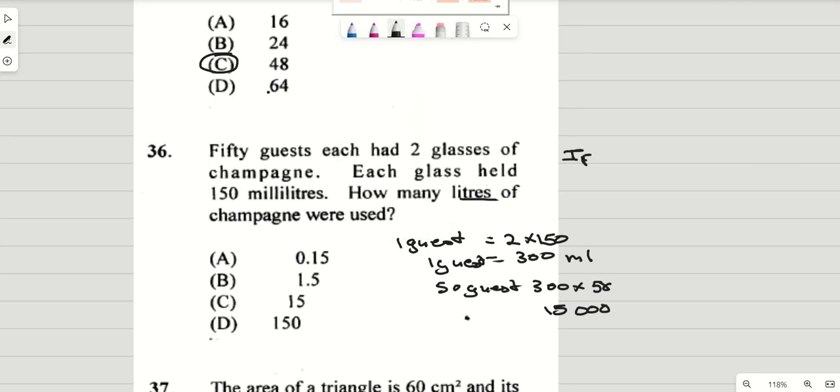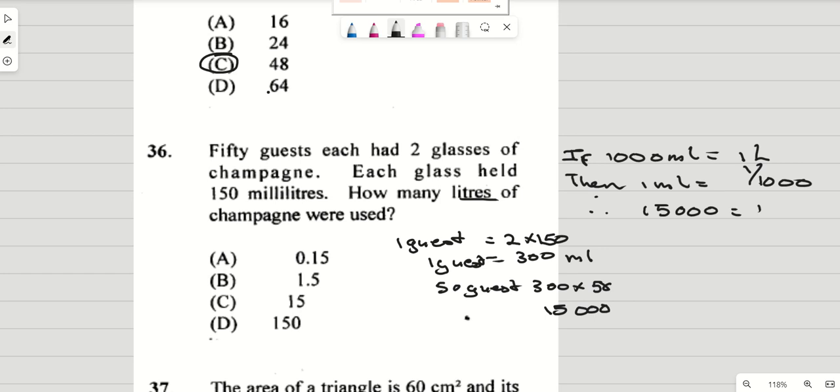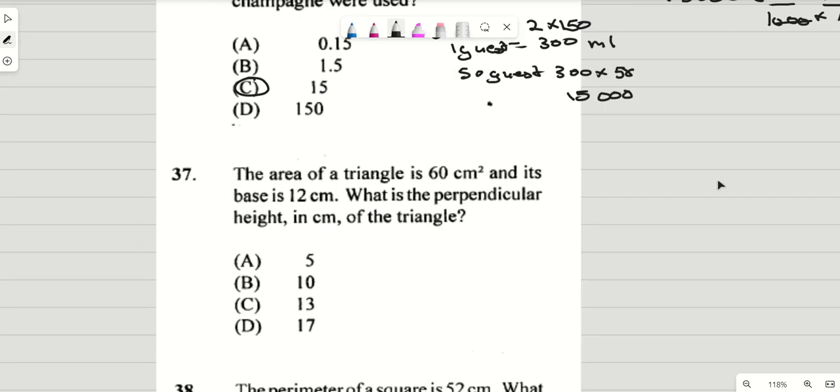If 1,000 milliliters is equal to 1 liter, then 1 milliliter is equal to 1 over 1,000. Therefore, 15,000 milliliters would be 1 over 1,000 multiplied by 15 and 3 zeros. Cross out the 3 zeros. So your answer is 15 liters of champagne.